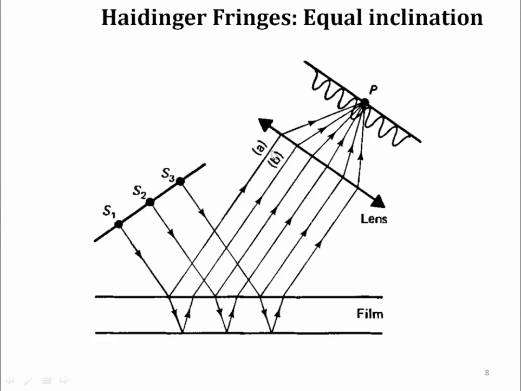So the light rays which are parallel to each other will be forced to come closer and closer, and at some point they would be interfering with each other and superposing, and hence you find a set of maxima and minima on the screen. Those kinds of fringes are called fringes of equal inclination, because they result from this situation. The inclination is the same, and those fringes are also called Haidinger fringes.